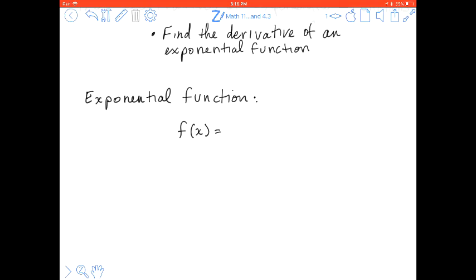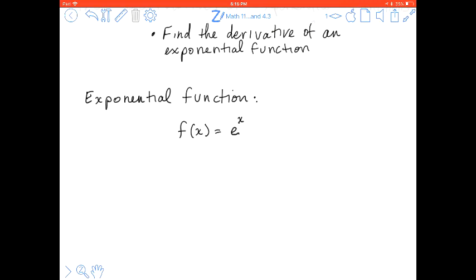In this case, we're going to use the number e, and then the variable is in the exponent. So that's the natural number e, and this is the primary exponential function we're going to use. We may mess around a little bit with exponential functions of other bases, but for right now we're going to stick to e to the power of x.